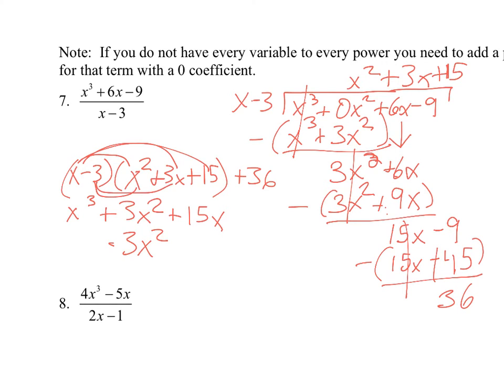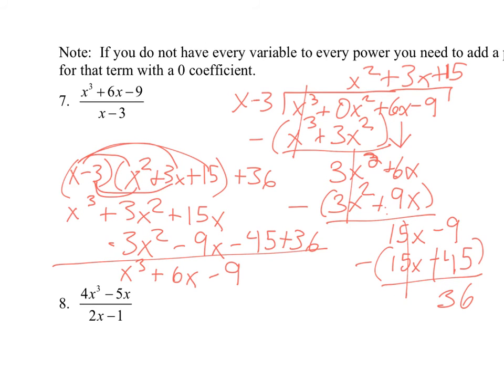I have a minus 9x and a minus 45, but I have to add 36. So I have x cubed, no x squared. I have plus 6x, and negative 45 and positive 36 is a minus 9. And sure enough, that is now matching. All right, and we're done with that one.